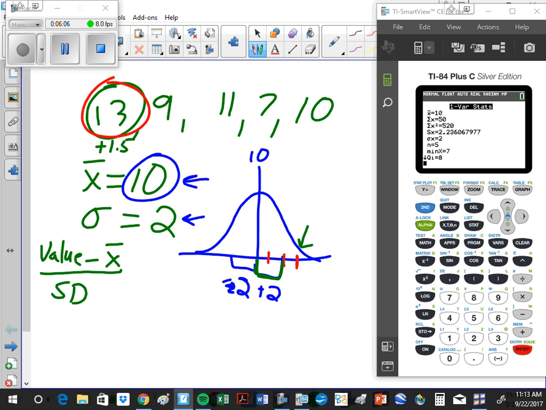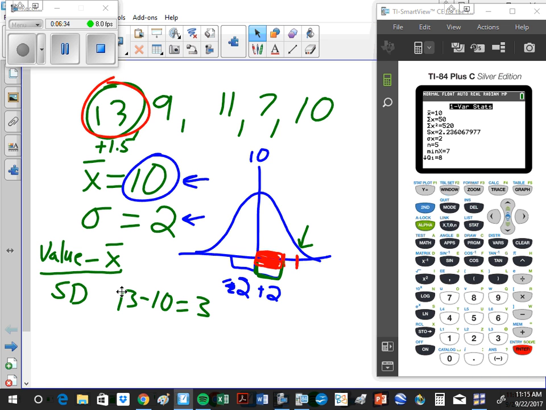How you doing? So if you want to find the standard score, you would take 13 minus 10, and that's going to give you 3. So we're 3 numbers away from the average. Well, we need to turn that into SDs. So we sort of have a ruler of length 2.